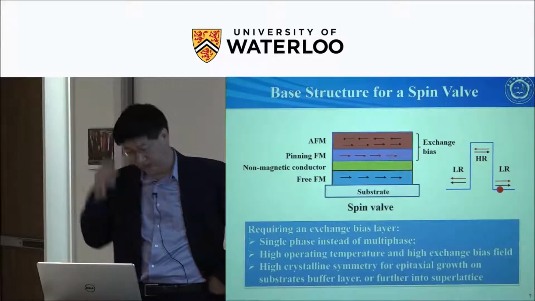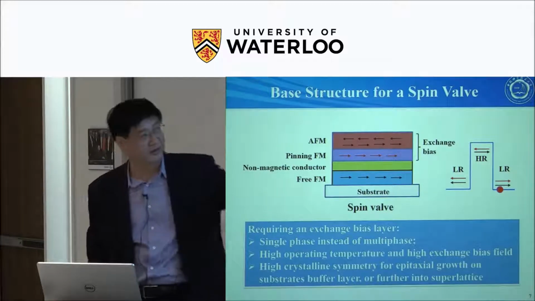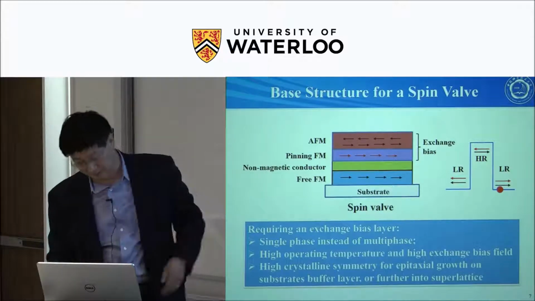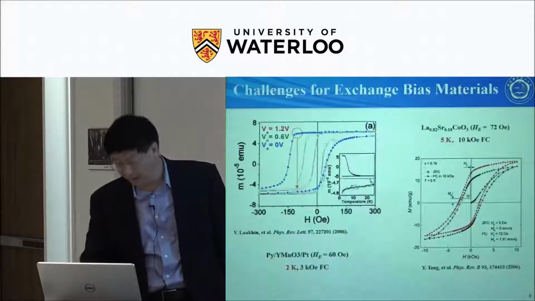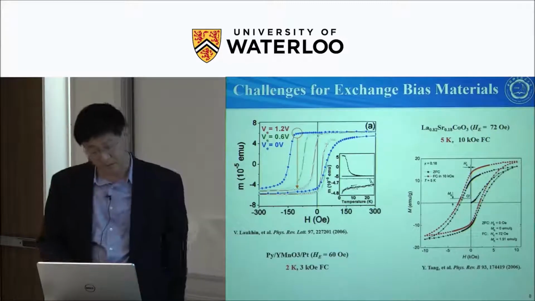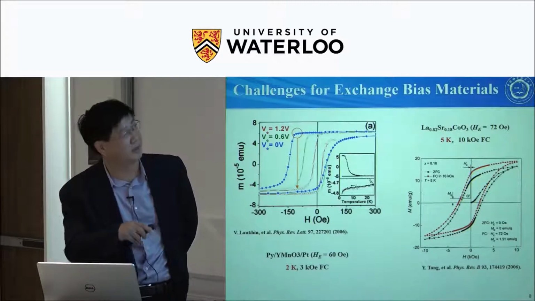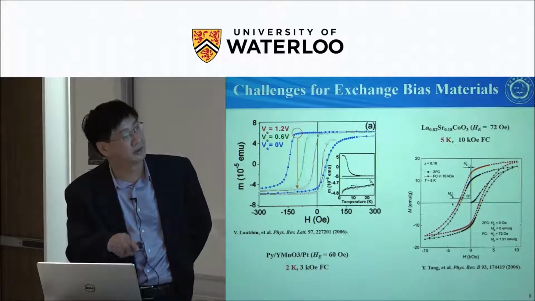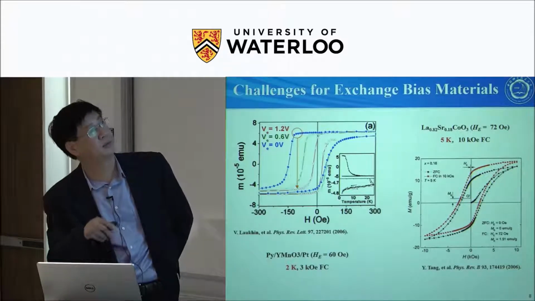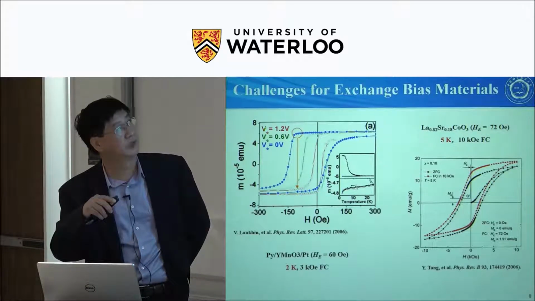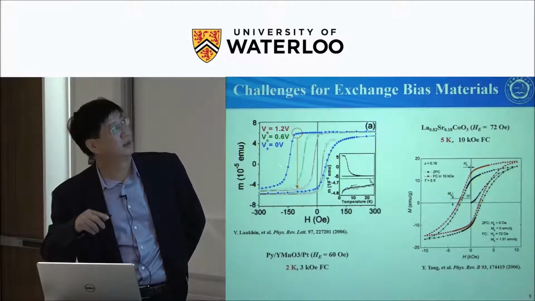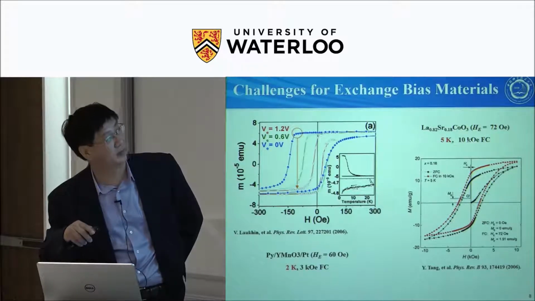Then we also need a single-phase material, related to what I just mentioned before. We all need this. Okay, do we have this material before? Yes. Look at the past research. In 2006, there were 2 papers. They show those materials, and we just look at the temperature here, okay? This one is 5K.